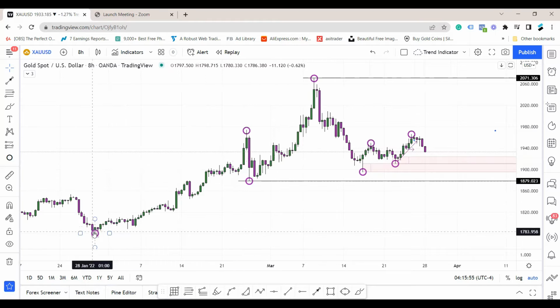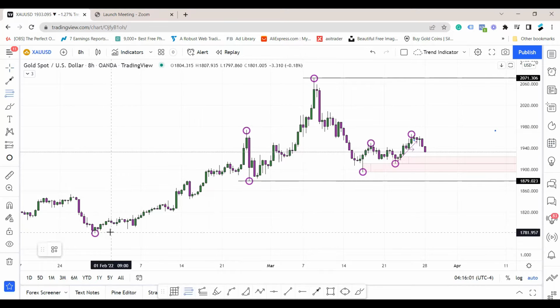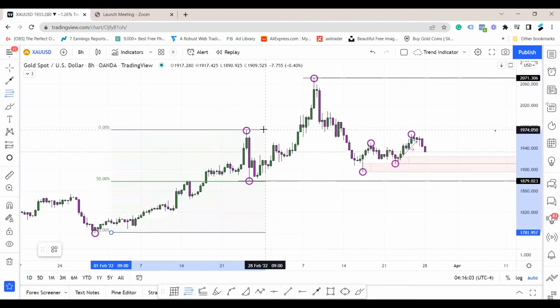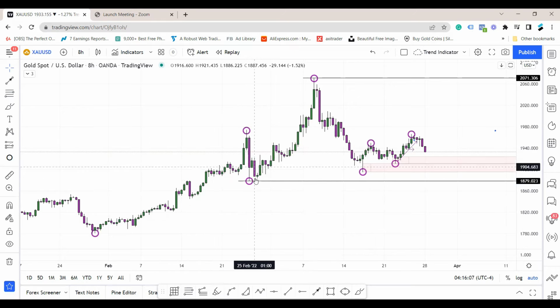This retracement goes back to about 50% of the swing, from this low to this high, right? So we consider that a valid pullback. If the pullback is only 23% or less than 50%, we disregard it, because those shallow pullbacks are unlikely to be real pullbacks. In future, it could be a liquidity trap.